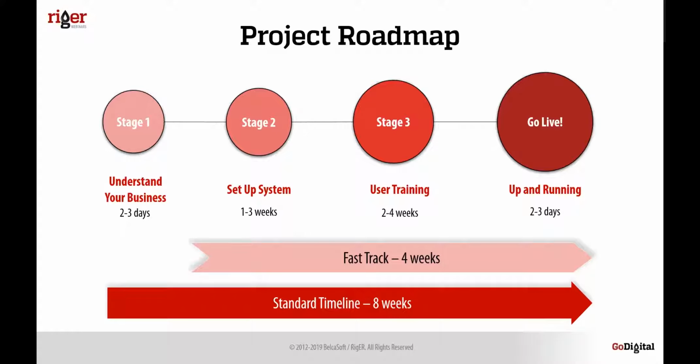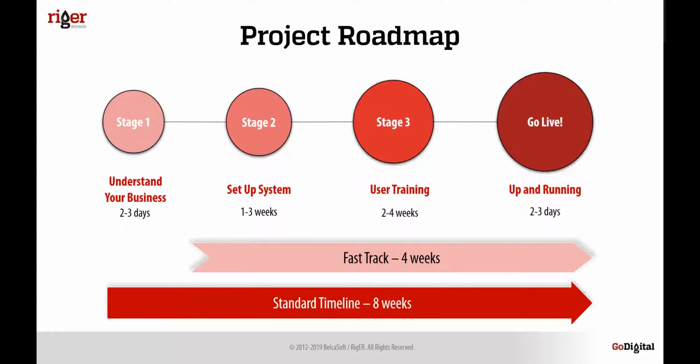So our general project roadmap looks like this. In general, we have 4 stages, which take different periods of time because the scope of actions we have to do during these stages is also different. We usually start with stage 1, which we call understand your business.